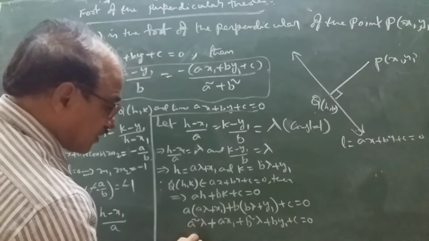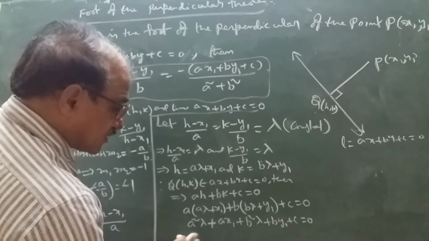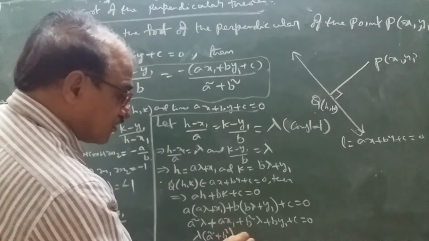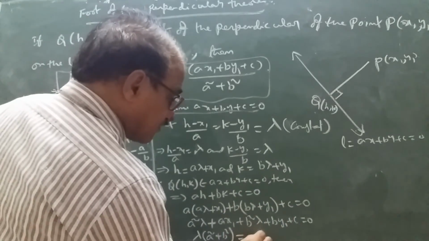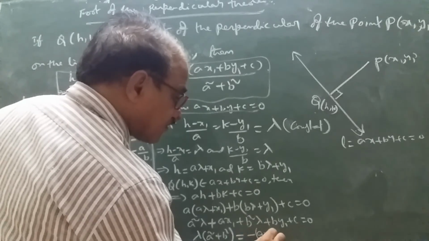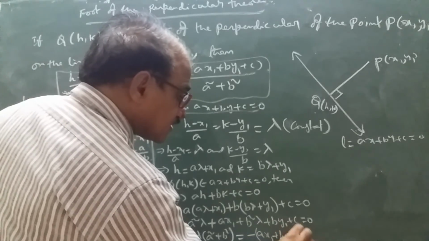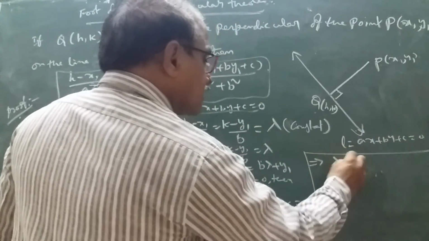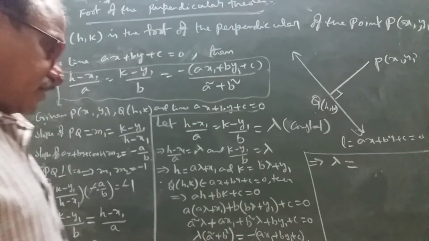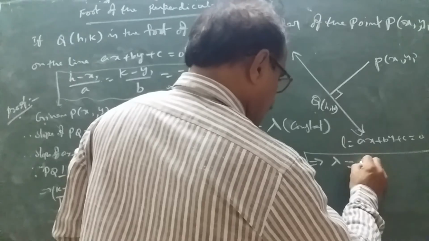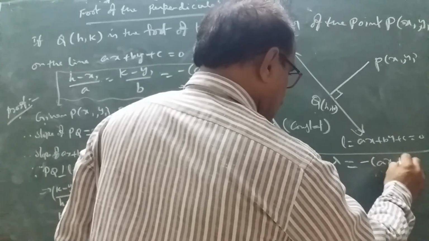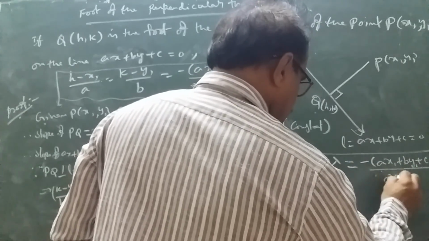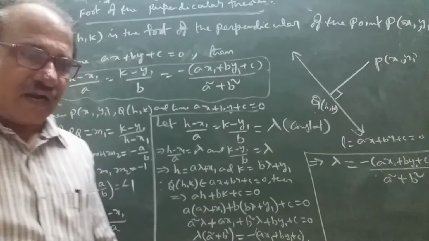That implies lambda taking as common, lambda(a² + b²) = -(ax1 + by1 + c), if we bring the remaining terms to the right side. That implies lambda = -(ax1 + by1 + c)/(a² + b²). That is the value of lambda.